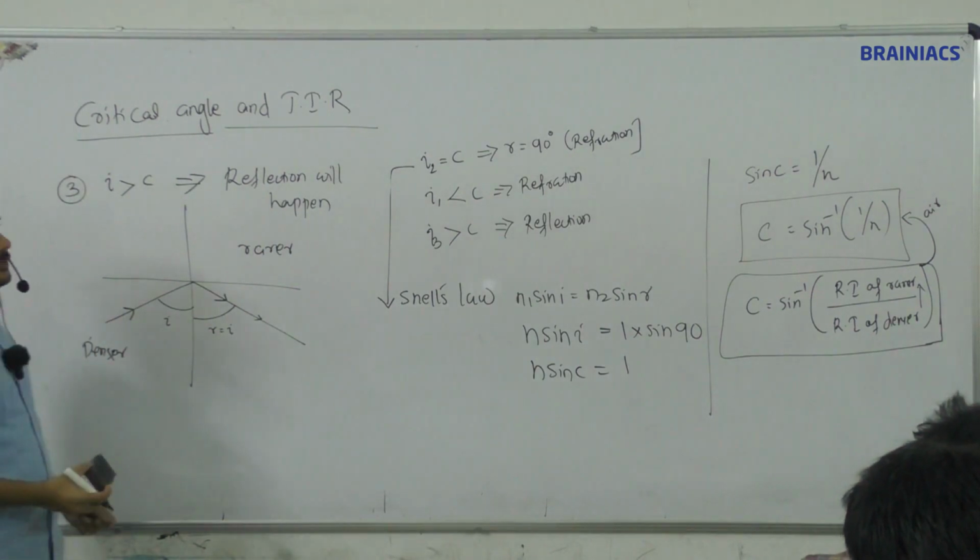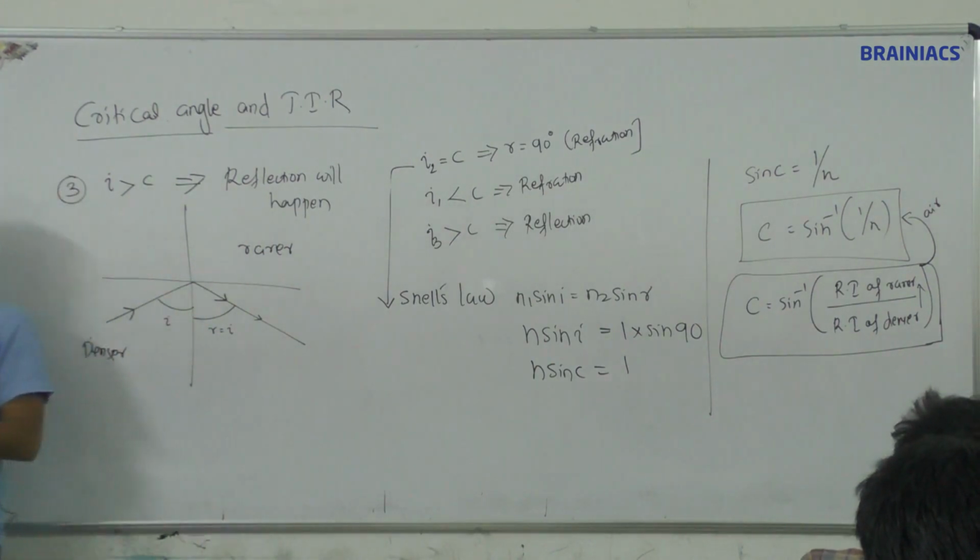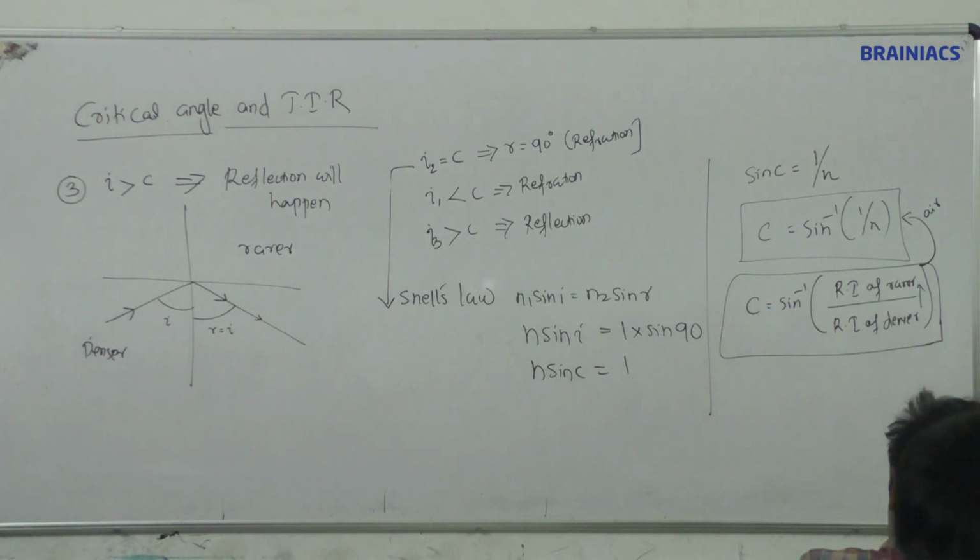Then sin C equals 1 by n. C is equal to sin inverse of 1 by n.